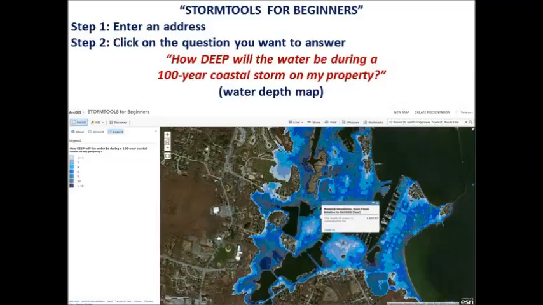And a lot of Massachusetts and Connecticut people wanted it for their states as well, but currently this is only for Rhode Island. So you can also then click on the question, how deep will the water be during a 100-year storm event? And so at this particular address, it will be approximately 5 feet during that type of storm event.